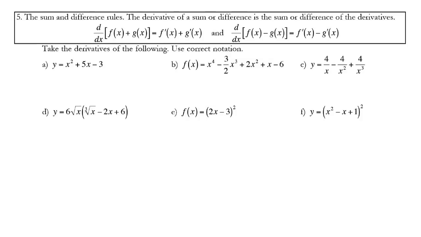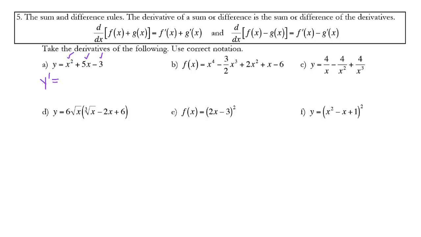All right, now we're going to look at our sum and difference rules, which are not any different than what you've already looked at. You're just doing a lot of adding and subtracting. So looking at this first part, we have y prime equals, and we just do the derivative of each individual part.